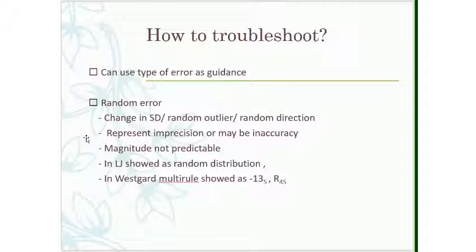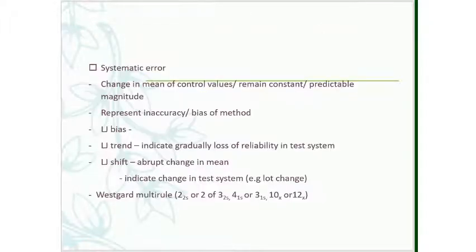The magnitude is not predictable. In the Levey-Jennings chart, it shows as random distribution. In the Westgard rules, it is shown as 1-3S or R4S.